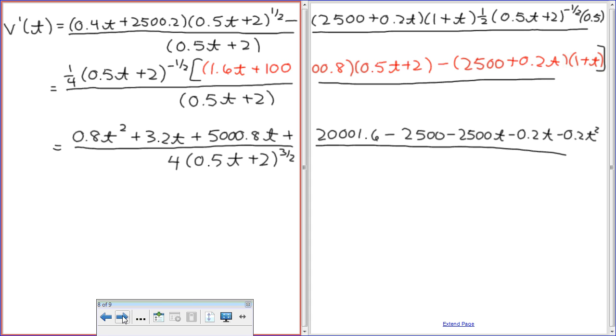Let's just finish this one up so we can move on with the lesson. That turns to 0.6t squared. We've got a calculator. 5,004, 2,504, 2,503, plus 17,501.6.